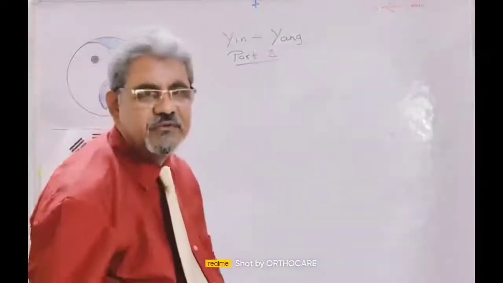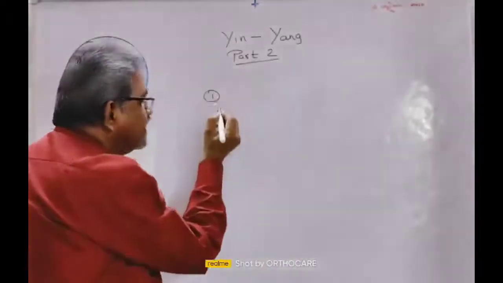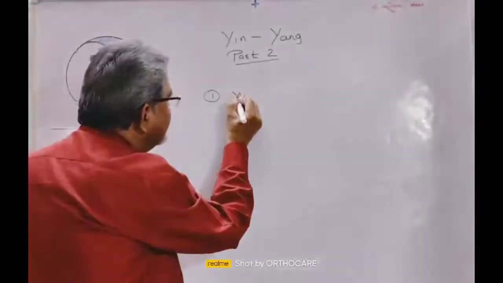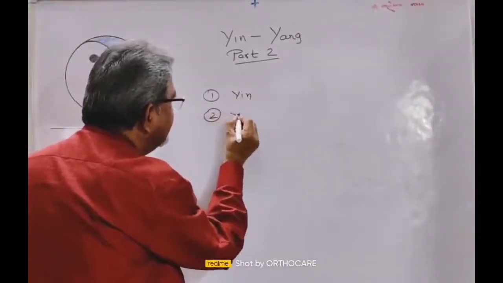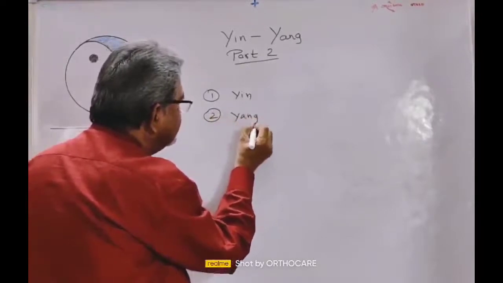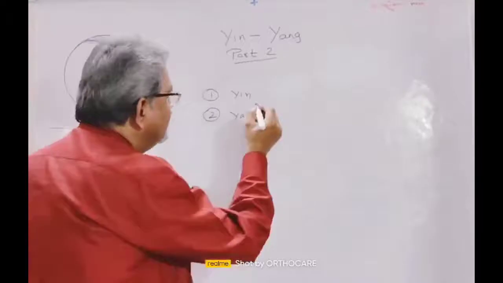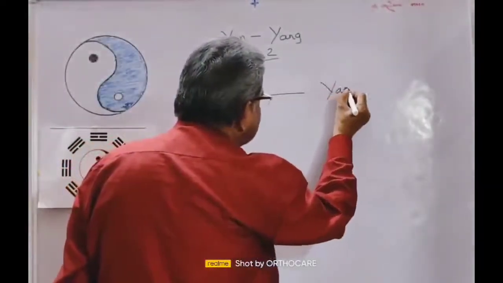Now to explain in a better way, in the first example we will see yin, in the second example we will see yang. Now this yin here is in excess.